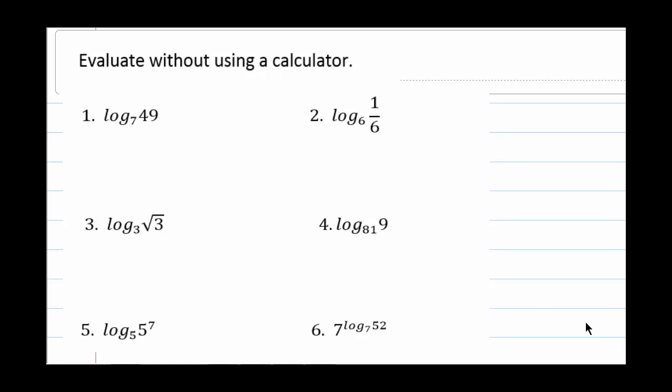So when I look at number 1, the first thing I say is log base 7 of 49. That's how you read it. But then as soon as you see it's asking you for the log, that means that it's asking you for the exponent. So you would say, what is the exponent on 7 that gives me 49? My answer here is 2.